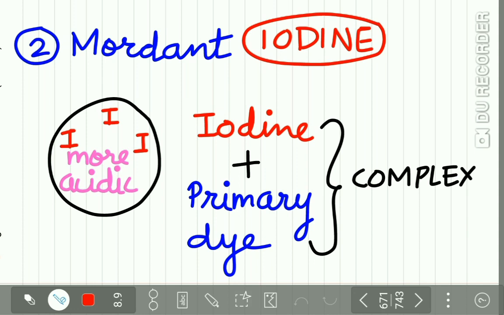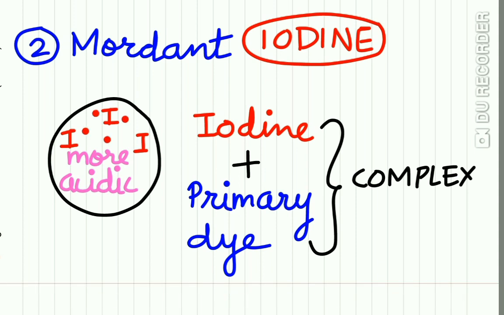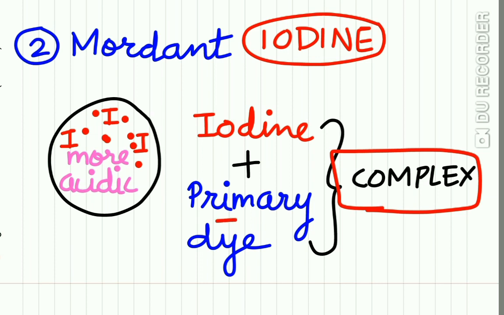Secondly, the mordant, that is iodine, makes this protoplasm more acidic, and a complex is formed between the primary dye and the iodine. This complex is called the di-iodine complex.